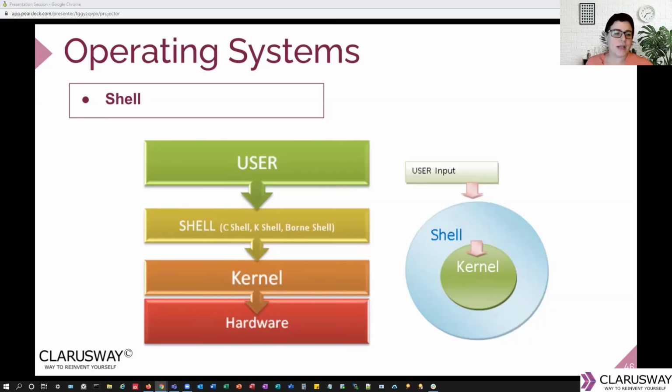And the shell manages the interaction between you and the operating system by prompting you to provide input, and then interpreting that input for the operating system and then handling any resulting output from the operating system. So shells provide a way for you to communicate with the operating system.